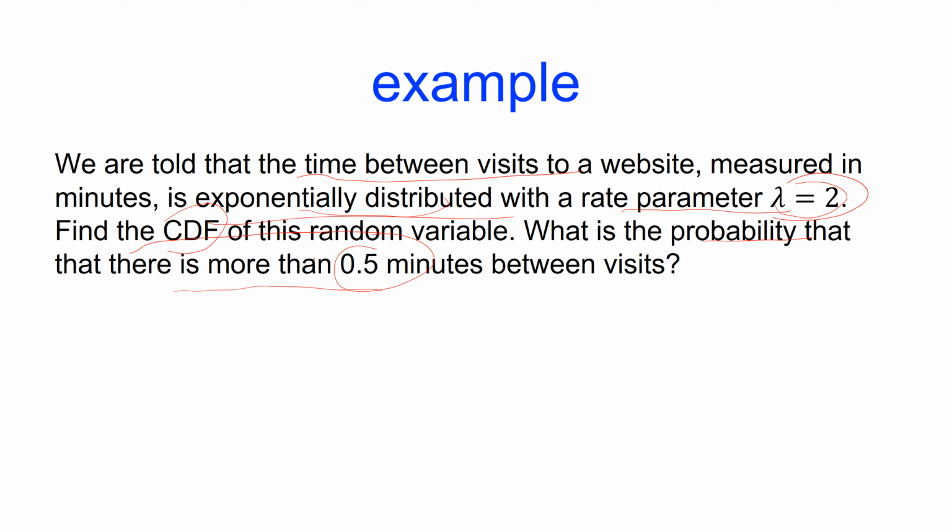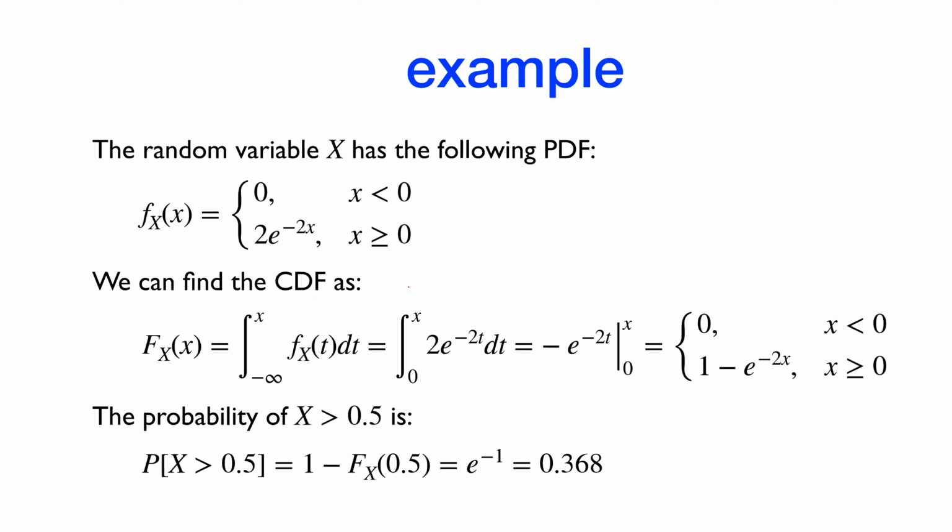But we are asking about more than 0.5, so you probably need to use 1 minus this to look at the other side, right? This is probably the way we are thinking about it. Because I don't have much time, I give you less time to think, so I just tell you, but we go through the calculation a little bit.